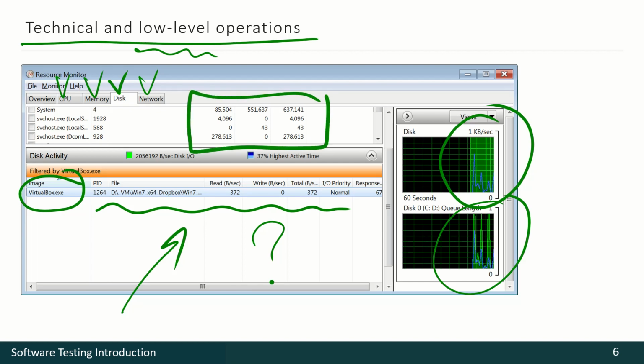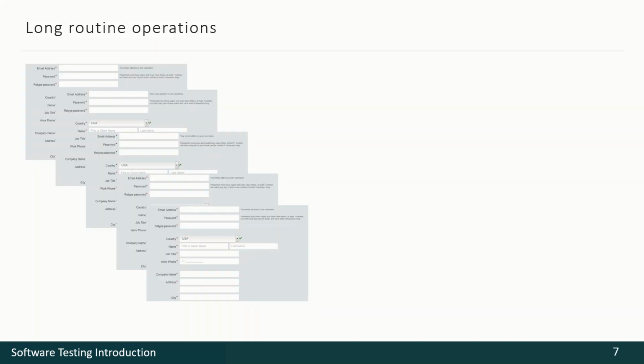But if we have some tool, even one as simple as the Resource Monitor for Microsoft Windows or any other special tool, we may easily see those low-level operations and even perform something like stopping the process, for instance, or blocking network access, and something like that.